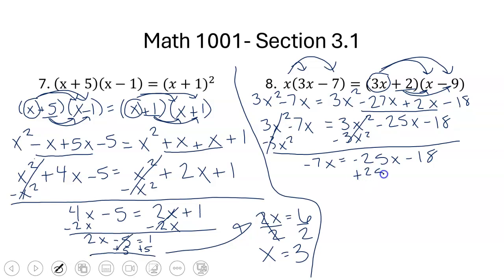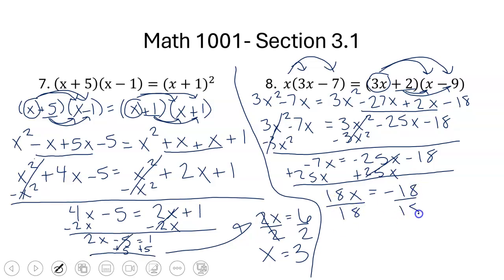So I'm going to add 25x to both sides. So negative 7 plus the 25 is positive 18x equals negative 18. Divide 18 on both sides so we can get x by itself. So x equals negative 1.